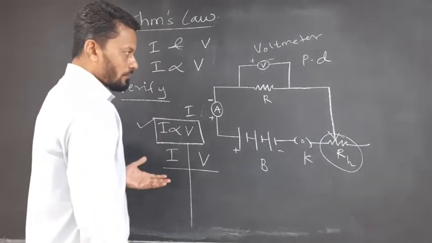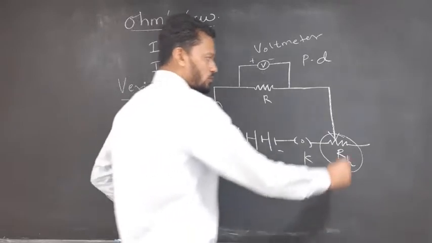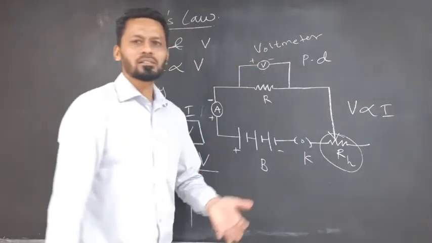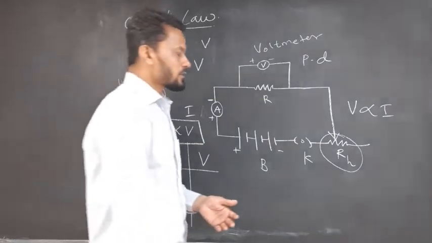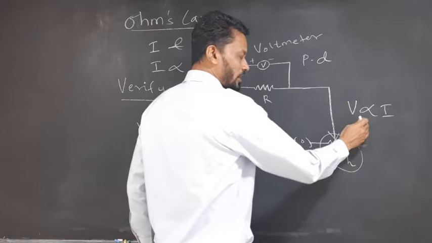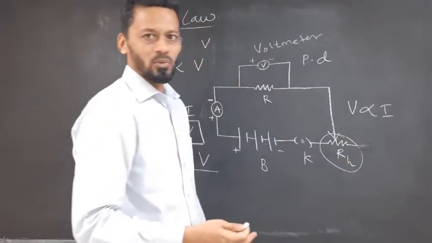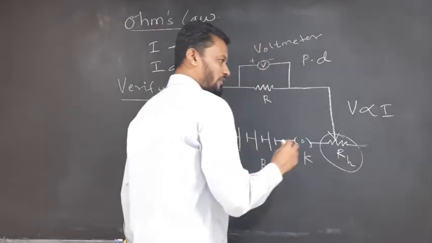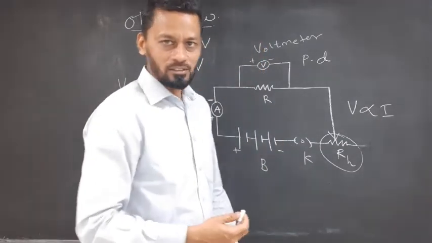But mathematically, I directly proportional to V can be written as V directly proportional to I also. Since there is a proportionality sign over here, we can change it into an equality, but we have to remove this sign and add the constant of proportionality.